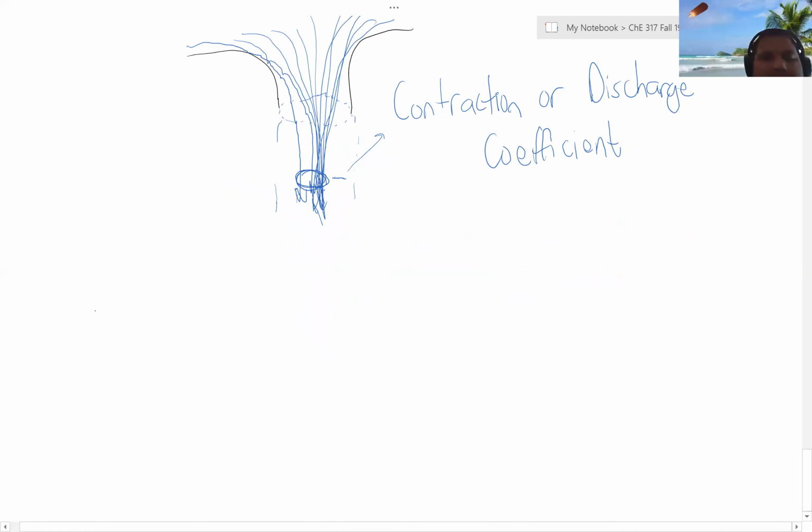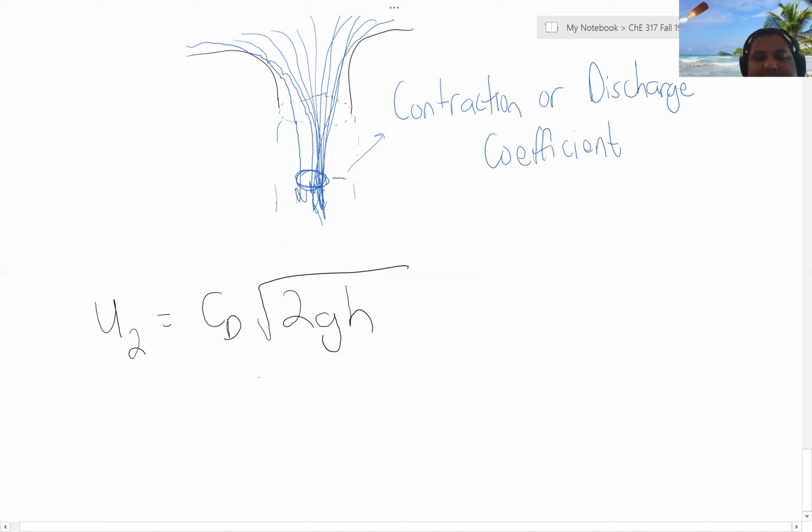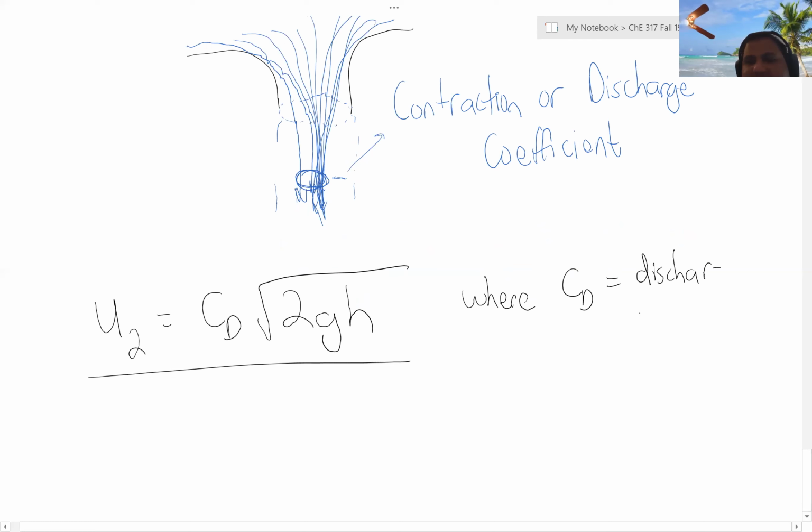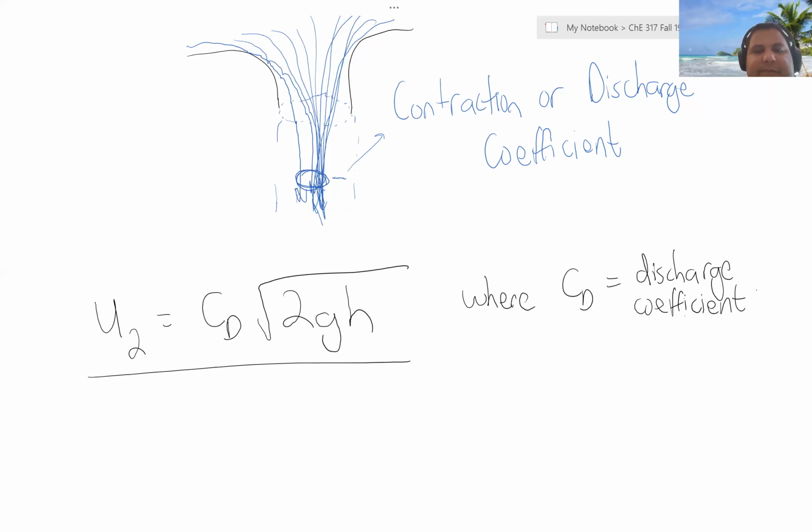And so if we were going to look for the more corrected form, we would have an expression that looks like this, where CD is our discharge coefficient. It has a lot of names. I'm going to call it discharge coefficient. It's also called the coefficient of contraction. And this little smaller area is called the vena contracta.